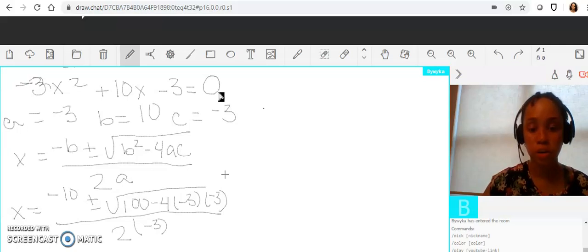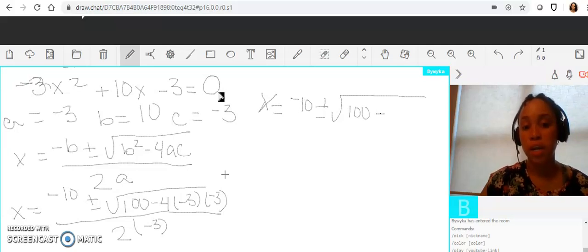So let's go ahead and start evaluating. Order of operations is very important, right? We have to always adhere to order of operations. So I have 100 minus, negative 3 times negative 3, which is positive 9, times 4, which is 36, all over 2 times negative 3, which is negative 6.